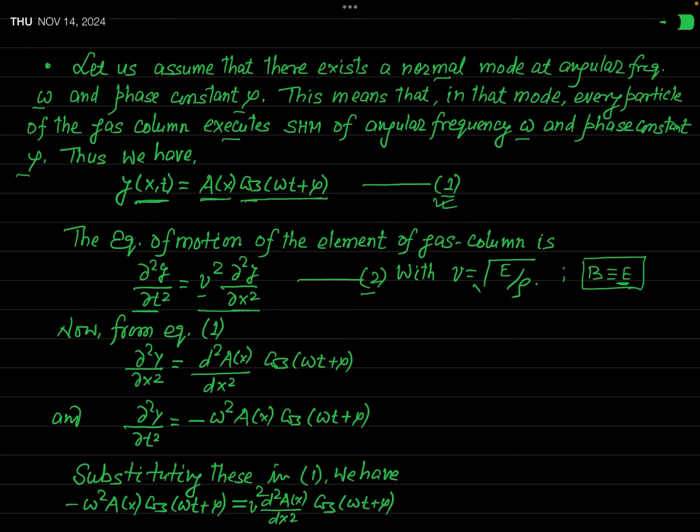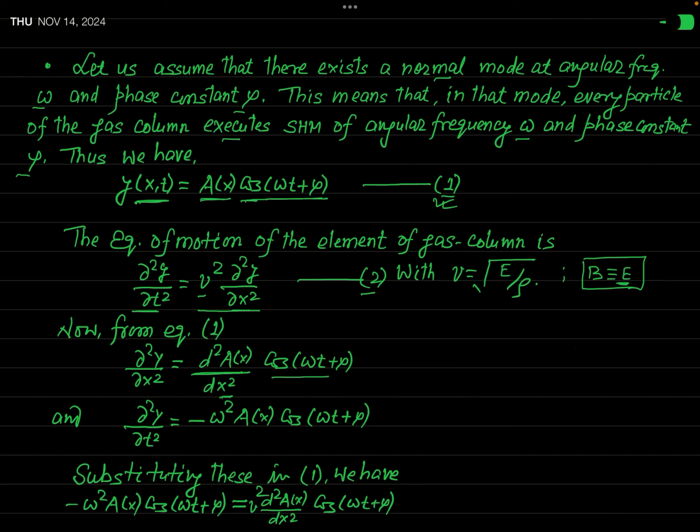Therefore, I have written d2a of x by dx square, not del 2a x by del x square, because in case of a function which is a function of only one variable, there is no difference between the partial derivative and its ordinary derivative. So I have written ordinary derivative d2a of x by dx square times this much.